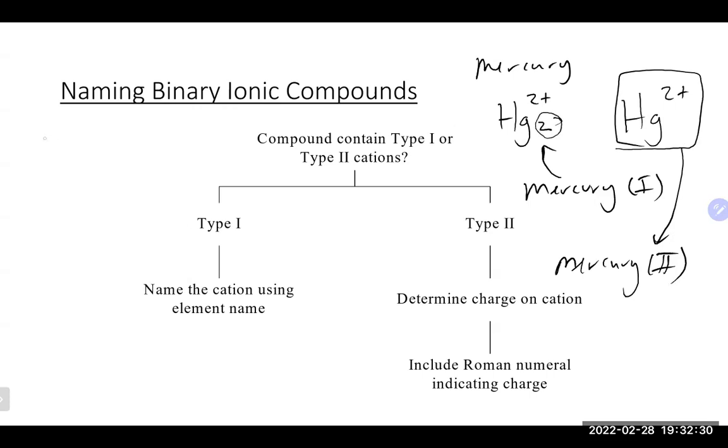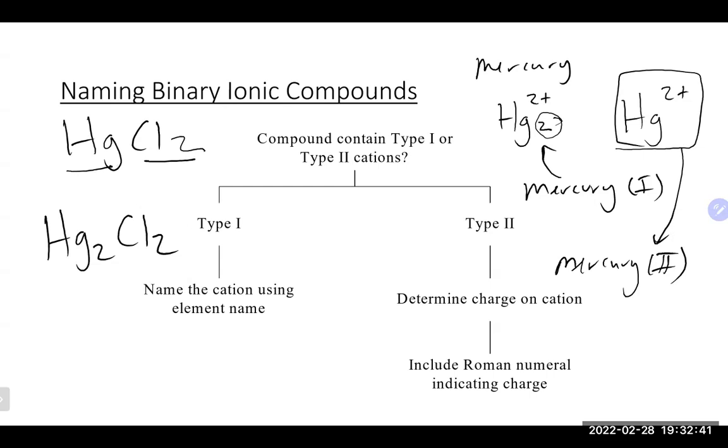So for example, if we had a formula of HgCl2 and we had Hg2Cl2, they look very similar. This is mercury and chloride. And in this case, this is mercury 2 chloride here.